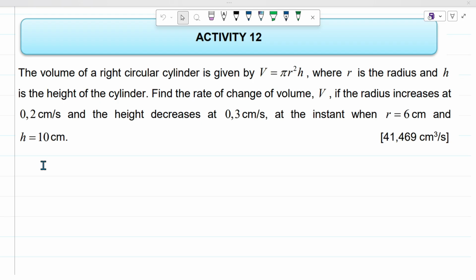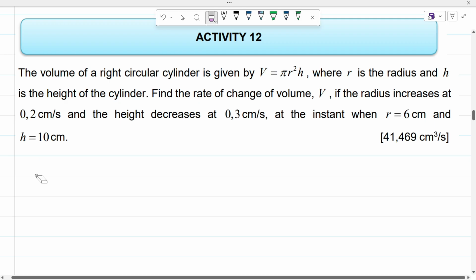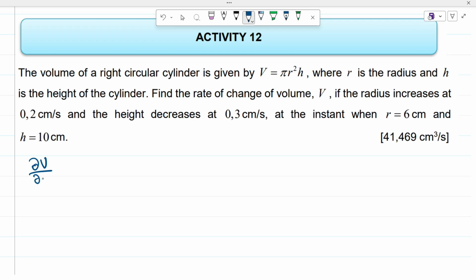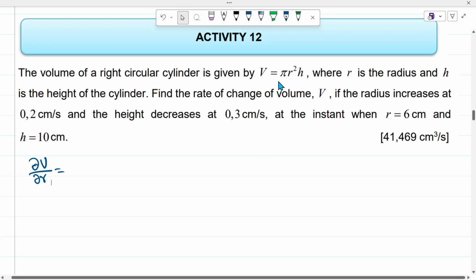So let's go. Let's start by differentiating partially, then we'll just substitute into our equations. So the partial derivative of V with respect to r, let's first differentiate with respect to r. So we're differentiating this equation with respect to r, meaning that h is a constant, as well as pi.